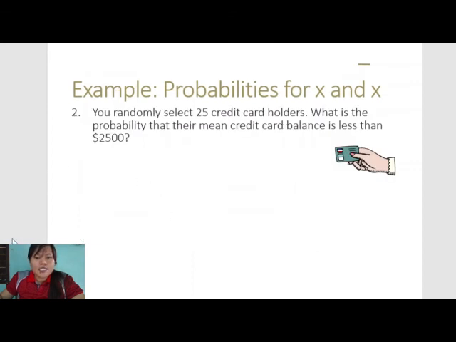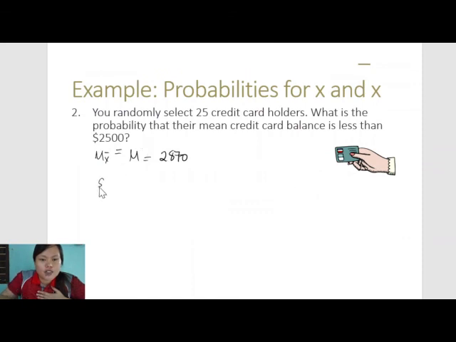Next, you randomly select 25 credit card holders. What is the probability that their mean credit card balance is less than 2,500? So since dito meron ng n, gagamitin na natin yan dun sa ating formula ng standard deviation. So again, your mean of your sample is equal to your mean ng population, which is equal to 2870, which is yung given kanina, kung hindi nyo tanda.